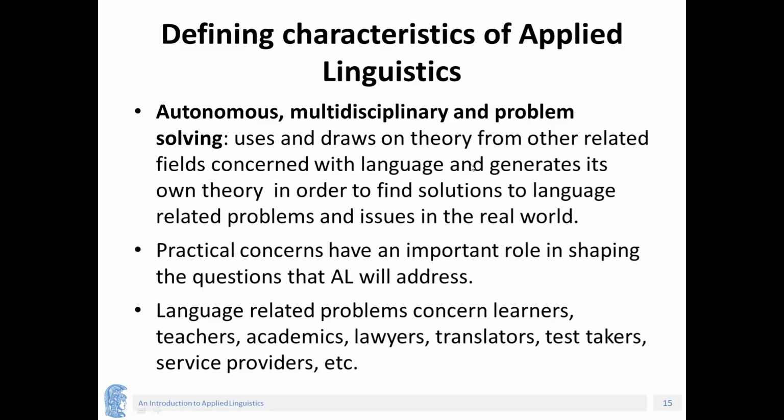Language related problems concern learners, teachers, academics, and so on. There are language related problems faced by learners, teachers, academics, lawyers, translators, test takers, service providers, and many more.